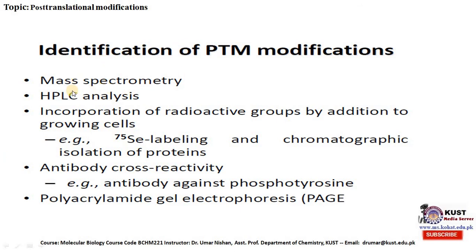Through this way we can get to know about what type of structure is attached with the polypeptide, and this is a way to confirm or to tell us how much or what type of molecule or species has got attachment with the polypeptide.